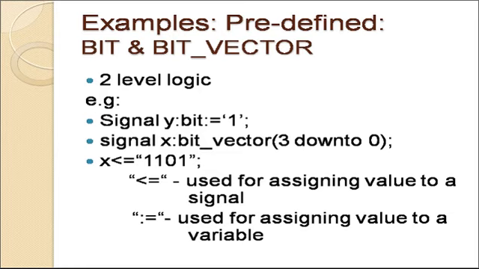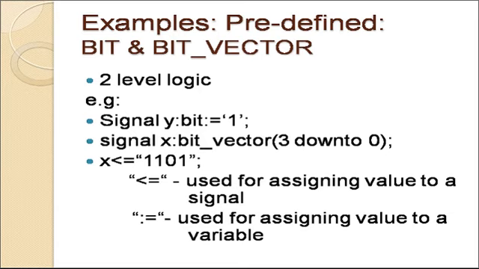Again, one care while writing values for bit and bit vector: whenever you write a value for a single bit, the value must be inside single inverted commas, and whenever you write a value for a bus, that is more than 1 bit, either 2, 3, 4 or any number, the value must be given in double inverted commas.